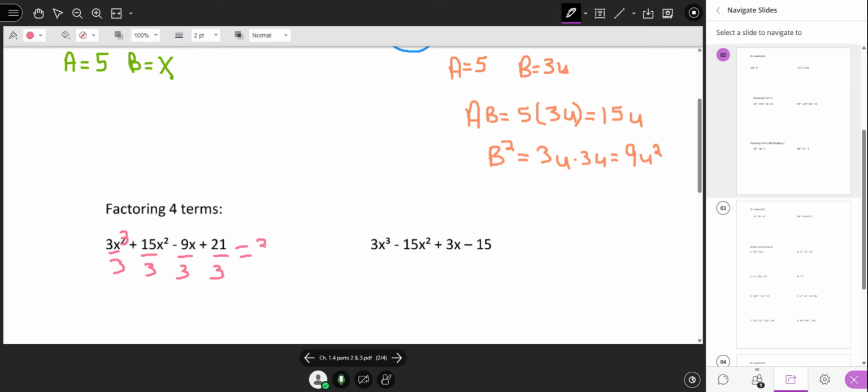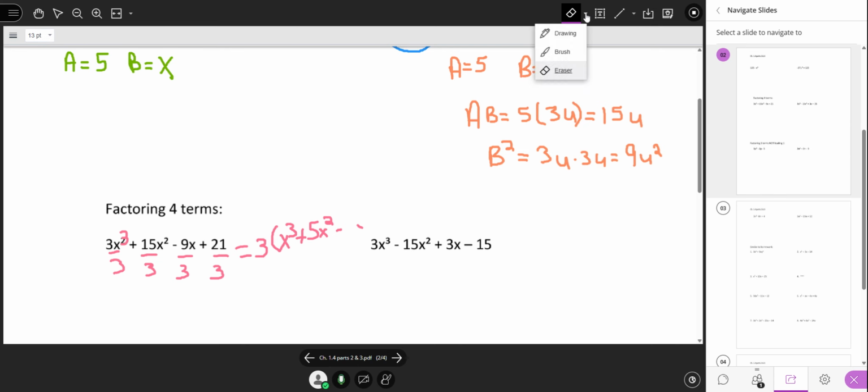Now, always put your GCF out front, and that gives us x cubed plus 5x squared. And notice I didn't leave enough space. Minus 3x. I put a 9.